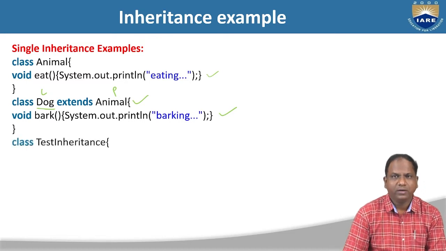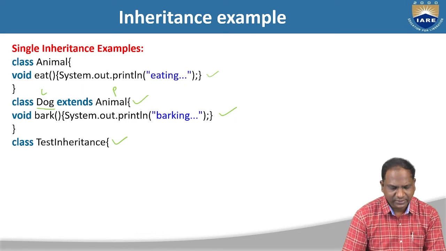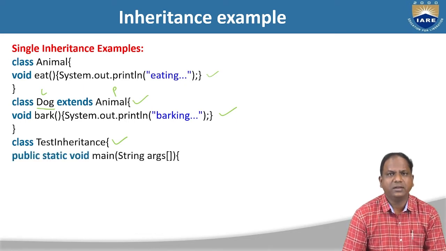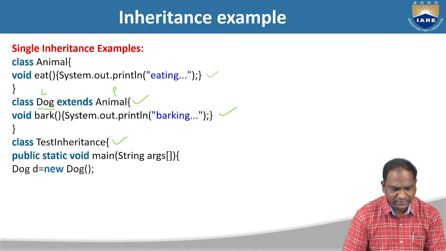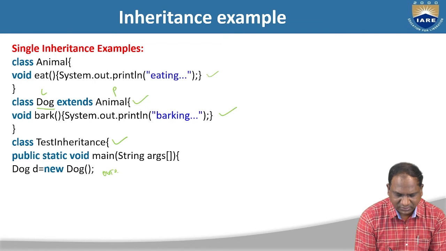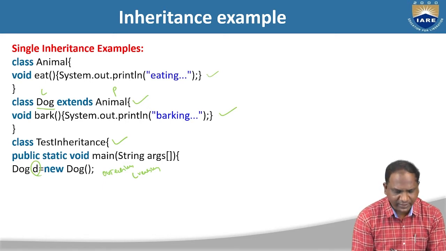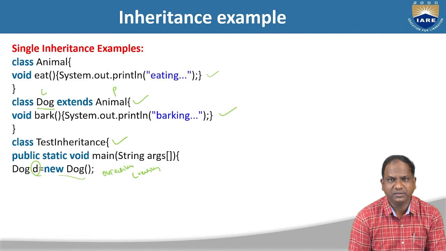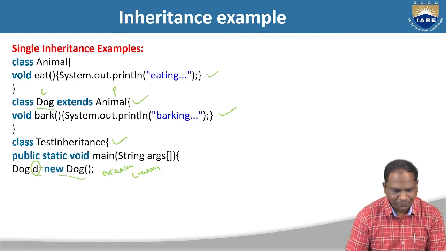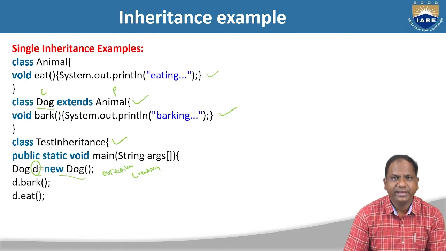Then I am creating a class named TestInheritance. Then, as usual, main method, public static void main. Then I am creating an object of the Dog class. The object name is user defined, new Dog, the object is created. Now d dot bark, d dot eat.